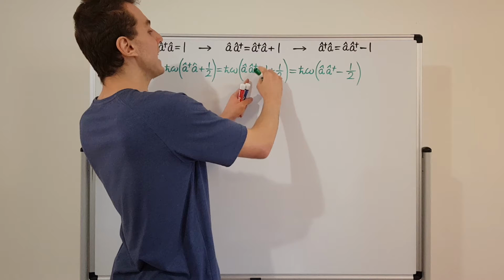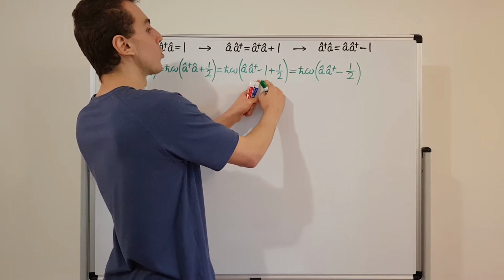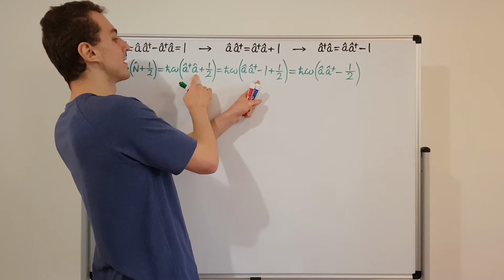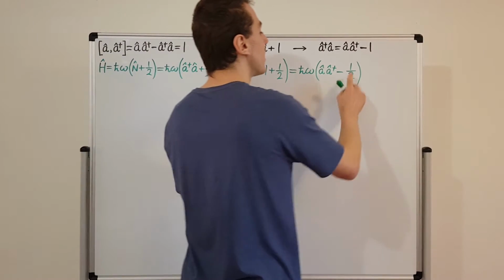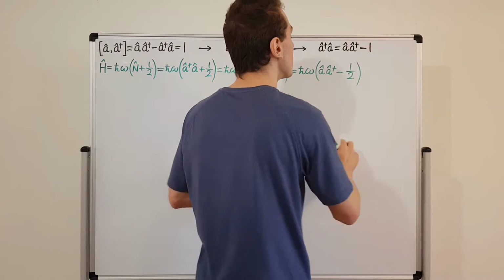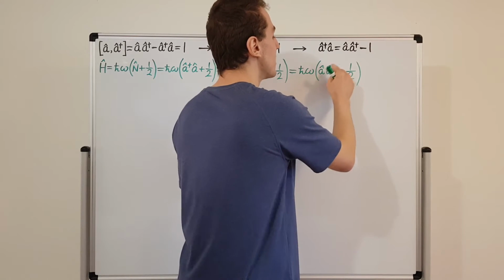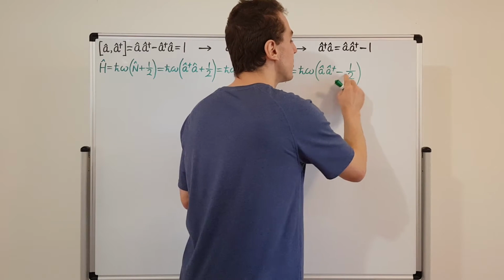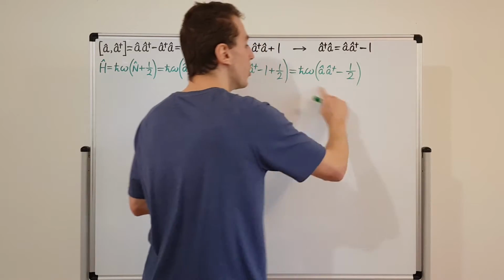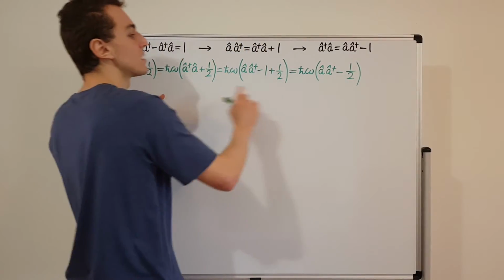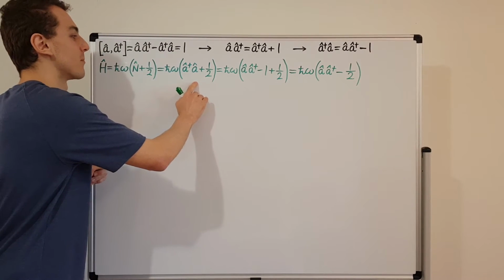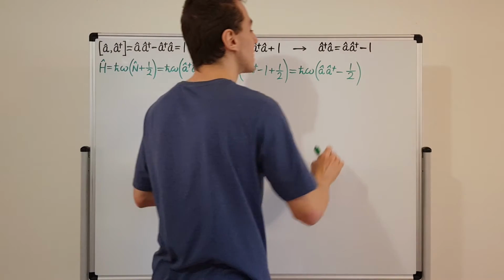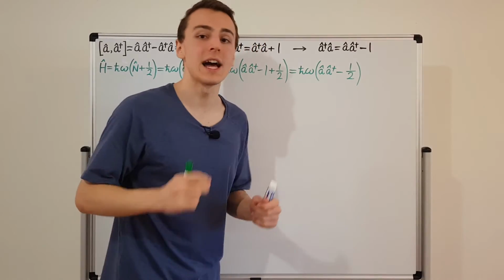So A A dagger minus 1 is equivalent to A dagger A. And this relationship over here allows us to combine the constants into minus 1/2. So when the order is swapped and the dagger comes second, we have to introduce a minus sign. So both of these are equivalent expressions for the Hamiltonian of the quantum harmonic oscillator. And they are, importantly, expressions written in terms of the ladder operators.